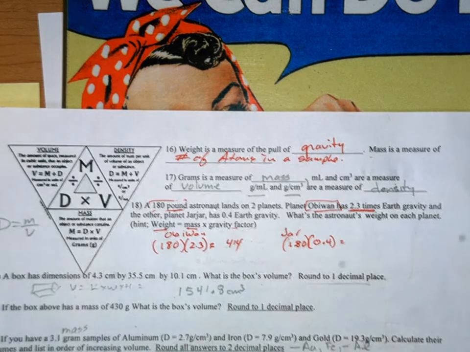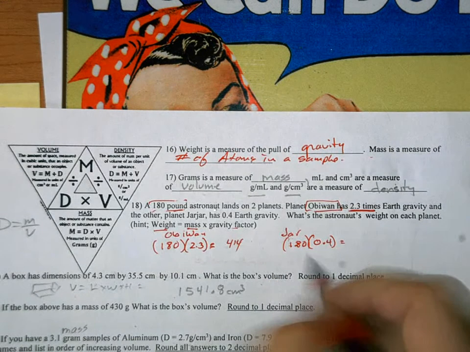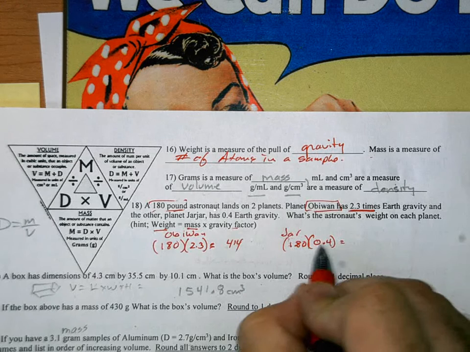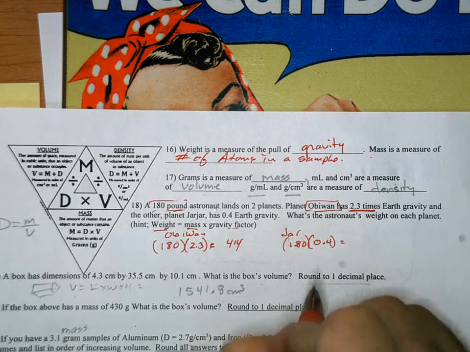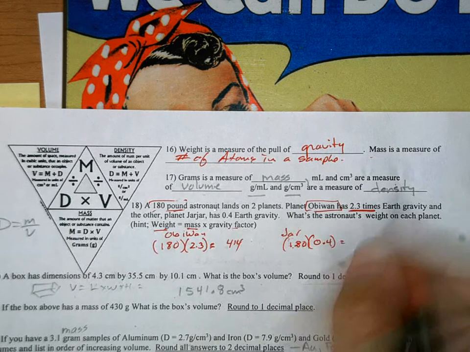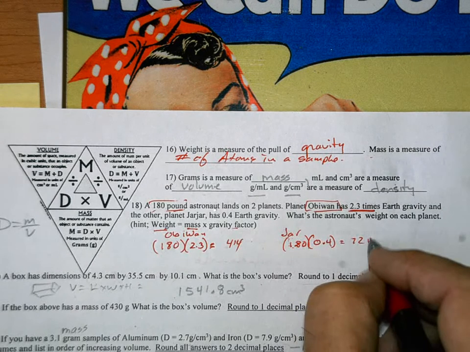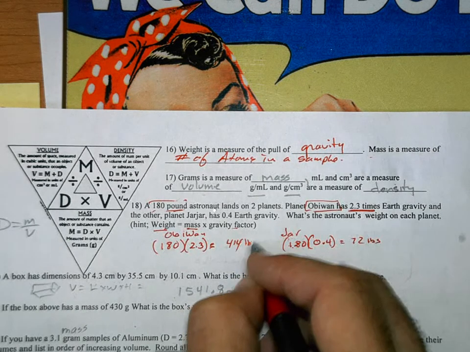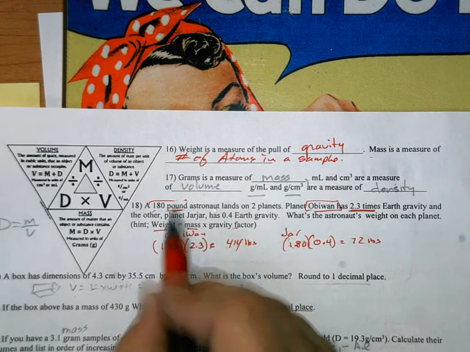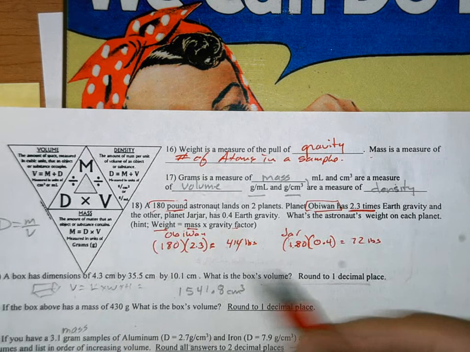That's less than half of 180, and it comes out to 72. I guess this would have had to be pounds. Sorry that Mr. Lake, the physics teacher, will be mad at me for getting pounds mixed up with mass. But anyway, there we go.